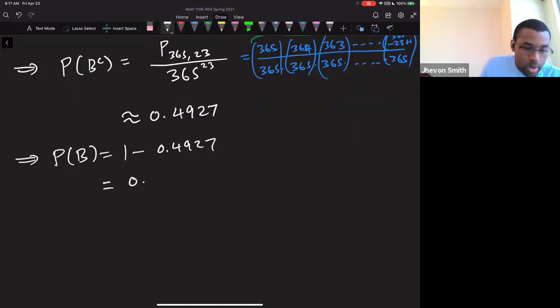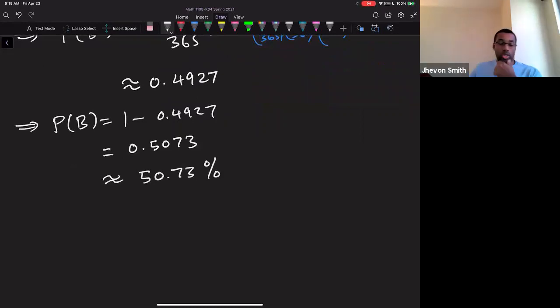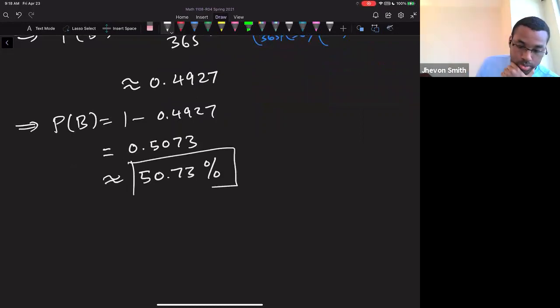So that's 0.5073, roughly a 50.73% chance. Once you have 23 people in a room, it's actually more likely than not that you share a birthday with somebody.